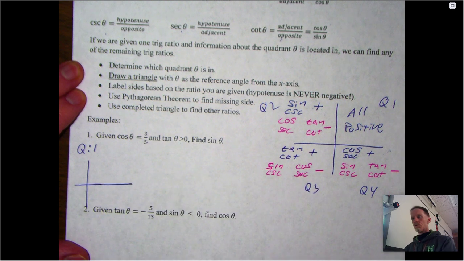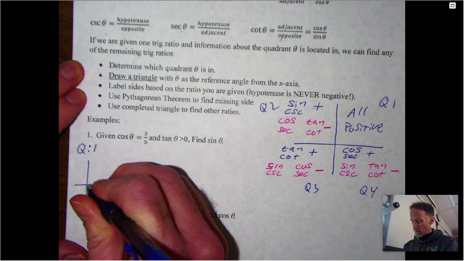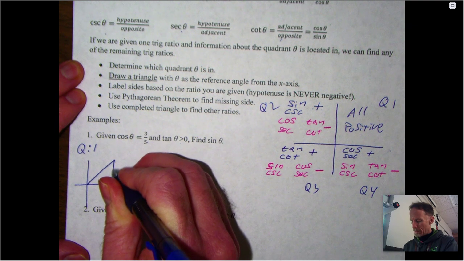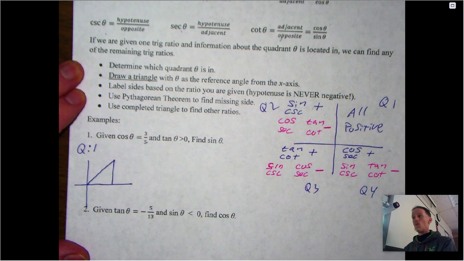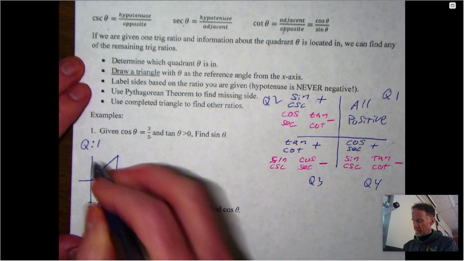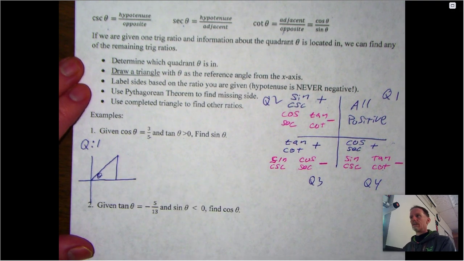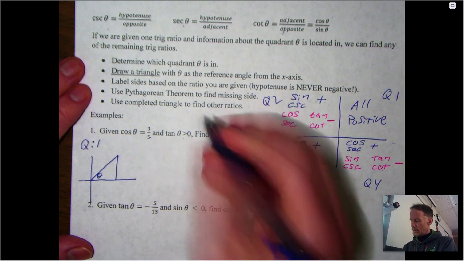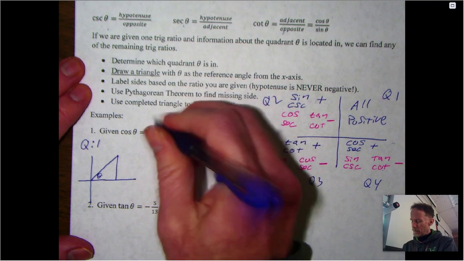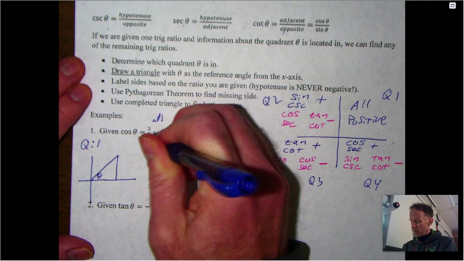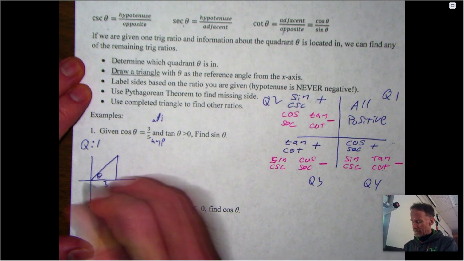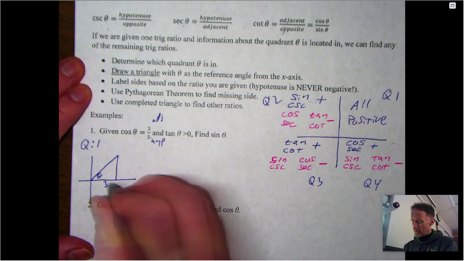Once you know it's in quadrant 1, we draw a triangle in that quadrant. The only rules are that we draw the angle from the origin, and then complete the triangle by going back to the x-axis, whatever quadrant it's in. So my theta is there along the x-axis. Then we use SOHCAHTOA to label our sides. Cosine is adjacent over hypotenuse, so my horizontal distance is 3, that's the adjacent.